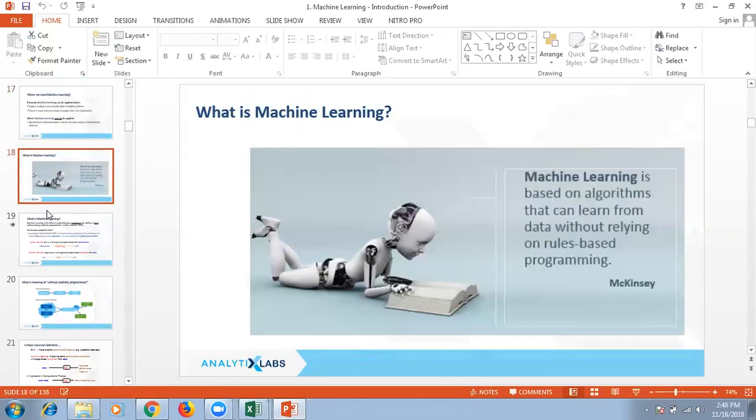So the machine learning, if you understand the definition a little bit from what I discussed, traditional versus this one: machine learning is based on algorithms that can learn from data without relying on rule-based programming. What does this mean? In a traditional approach, like for example heuristic segmentation, what did we do?